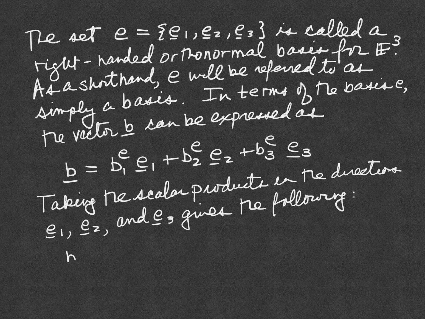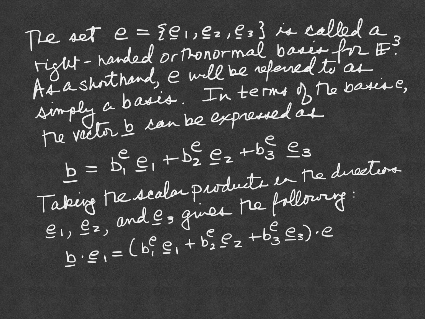We've got B dotted with E1 is equal to B1E E1 plus B2E E2 plus B3E E3 dotted with E1.